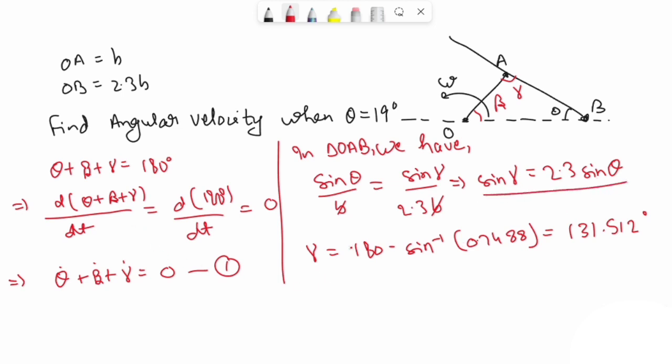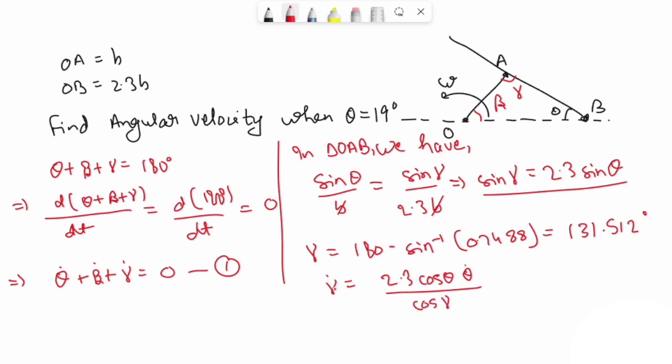So again differentiate this equation also. If we differentiate this equation, what we will have? Gamma dot equals 2.3 cos theta theta dot, as sine theta's differentiation is cos theta, divided by cos gamma.